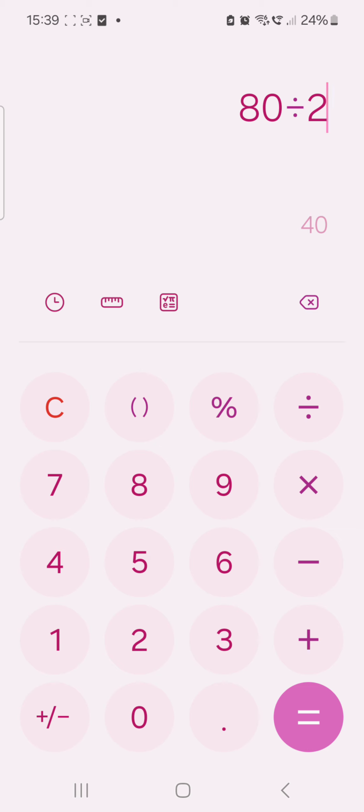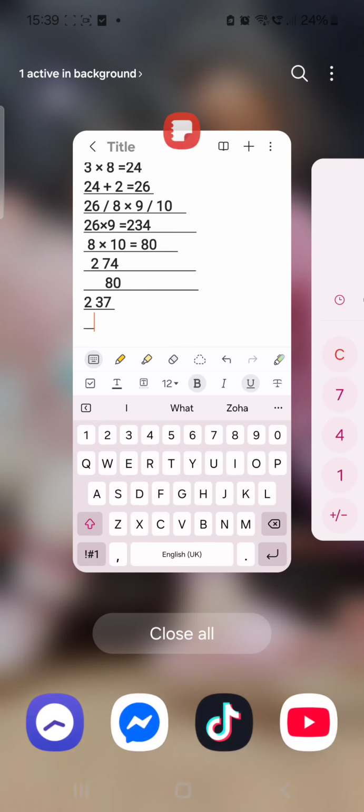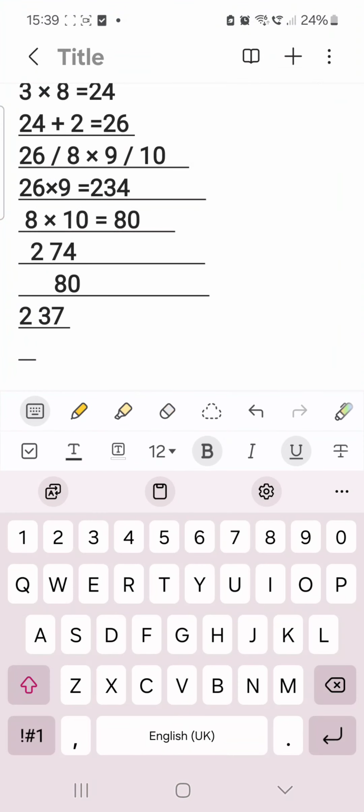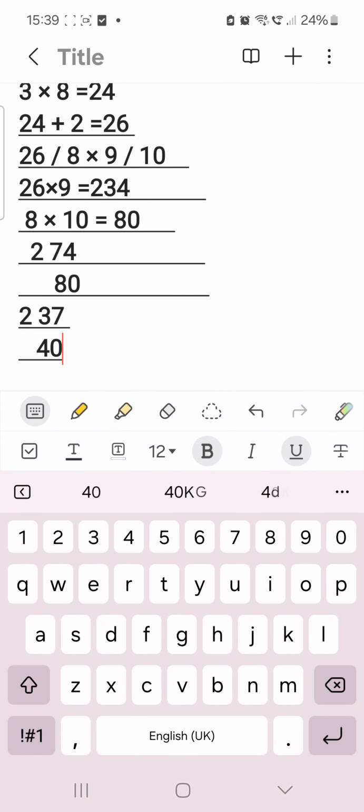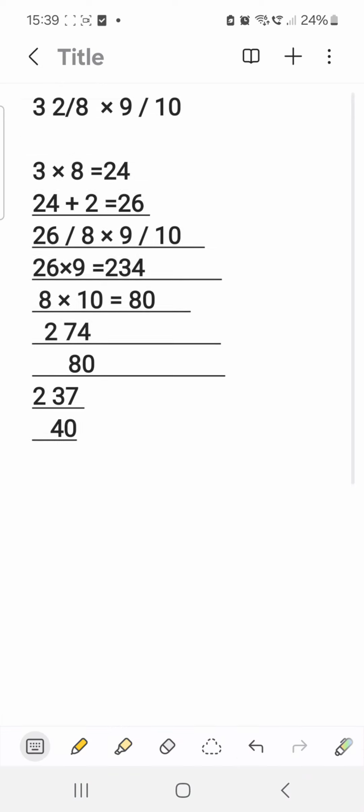over, so I wrote the next one for you guys. So there is 40, okay? So now let's write 40. Now the answer should be 2 whole and 37 over 40 because you can't go any deeper.